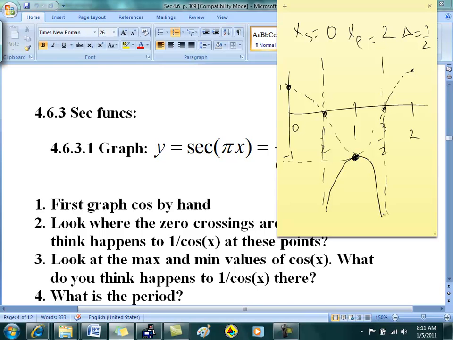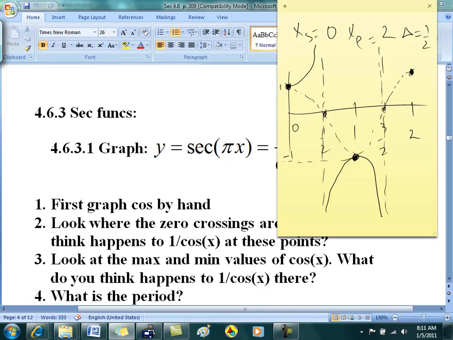Yes? Then if I look at this point here, I know it's going to go through that point because 1 over 1 is 1. And then it's going to asymptote here. So it's going to look like this now. Kind of funky. See that? Okay? And then on this side here, I know this is my asymptote right here. So I know my graph's going to go through that point because 1 over 1 is 1.